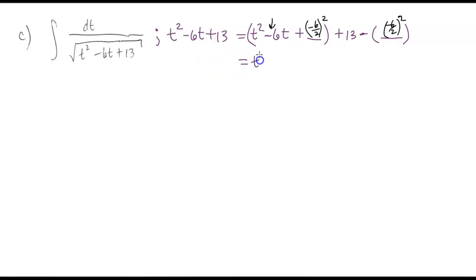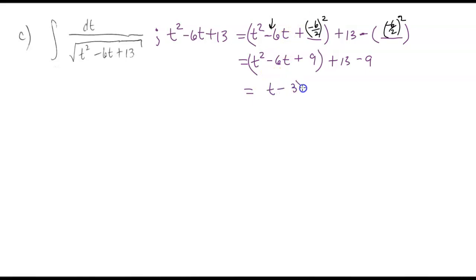So in doing that, we'll have t squared minus 6t plus, -6 divided by 2 is -3, and 3 squared is 9, plus 13, and of course we'll get the same thing there, minus 9. And we know here that this is going to be a perfect square, and this will factor into t minus 3 quantity squared.